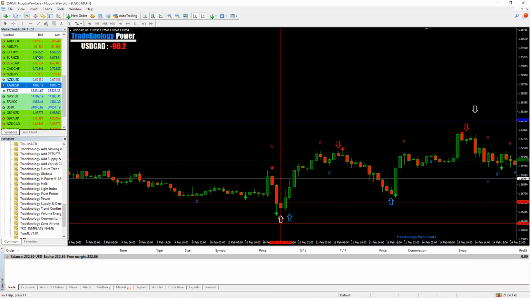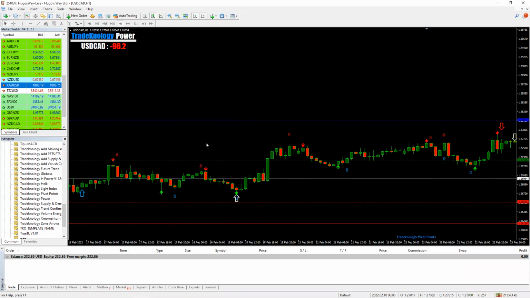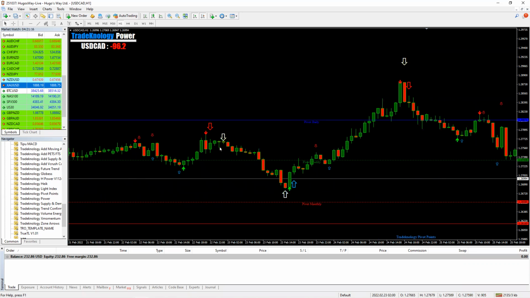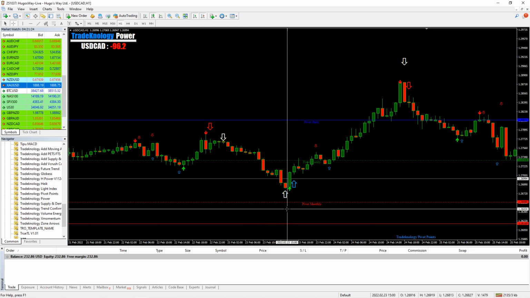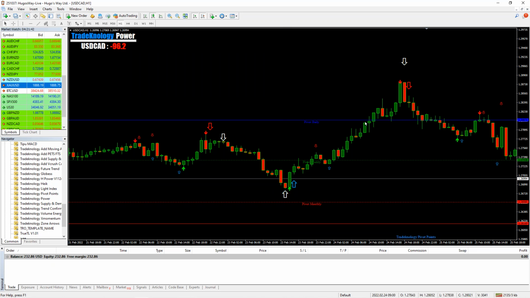Well, if we go back over here and take a look, the price went from roughly here to here, that's 20 periods, and we're in the 1 hour time frame. So that's about 20 hours for that trade to take the profit.